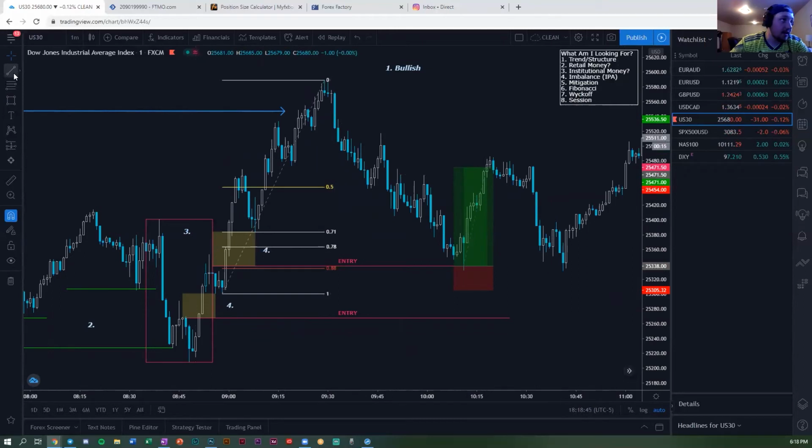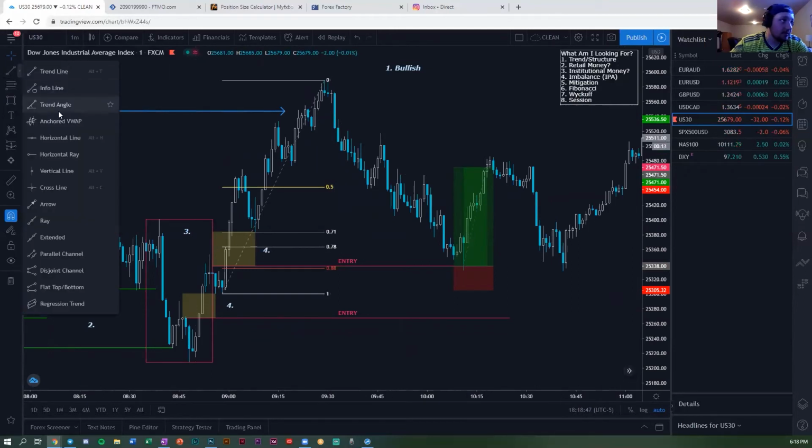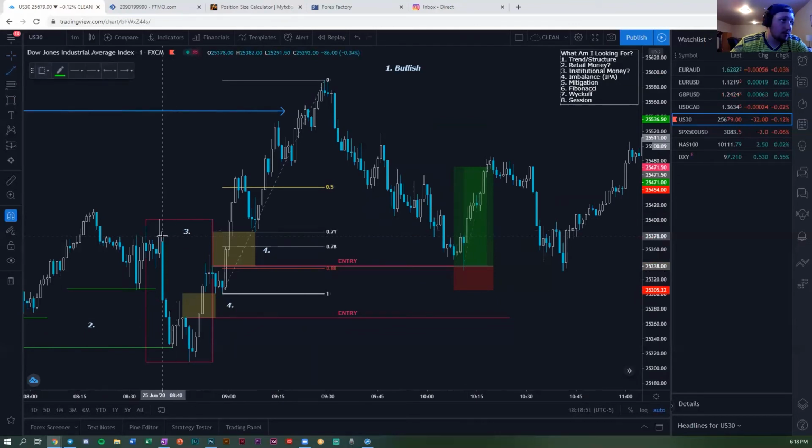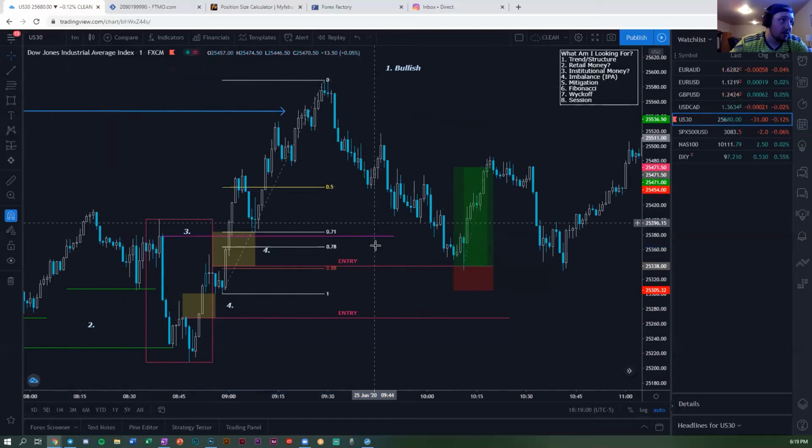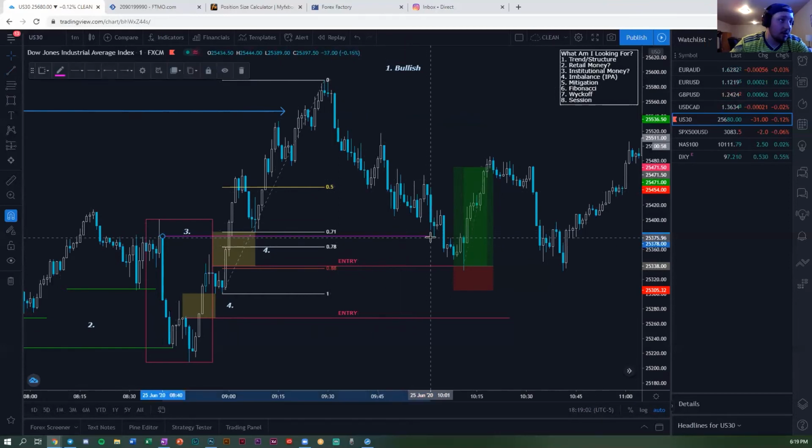So as we clarified, the mitigation area. For me, I'd play off the body of that candle. Let's make this purple. Okay, mitigation is that purple marker right there.